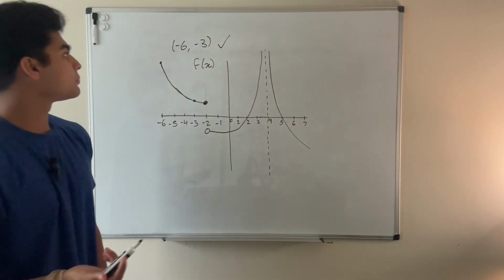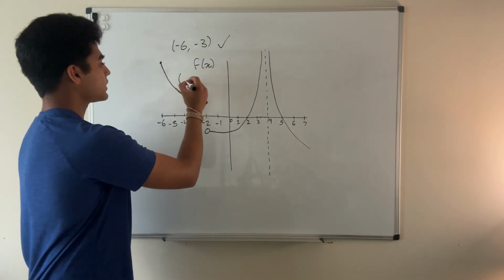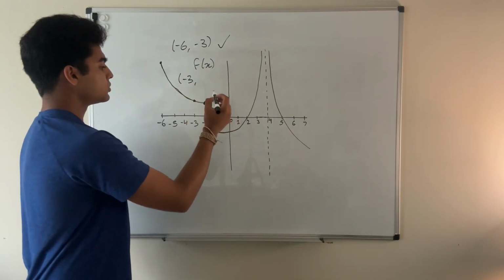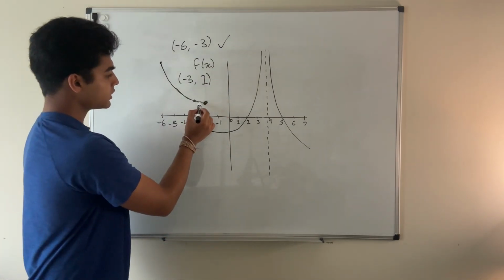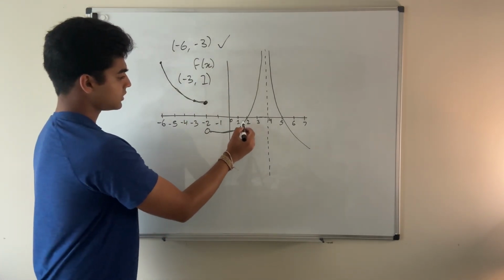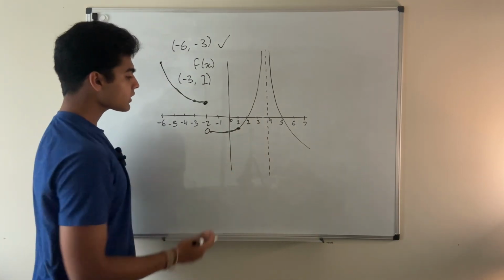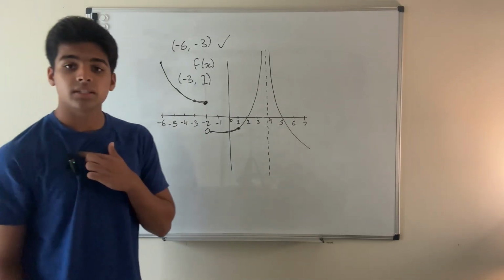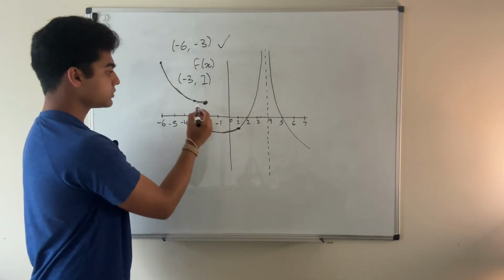Now let's do another one. Let's say we had -3 to 1. So for this one, we have to go from here and then down here, up right until about there. So here we can see that it's not continuous, and that's because we have a discontinuity right here at -2.